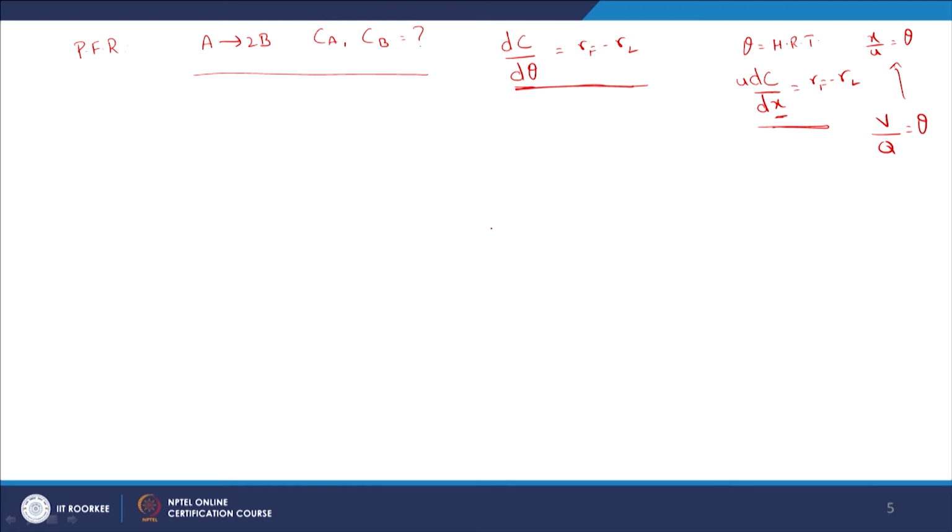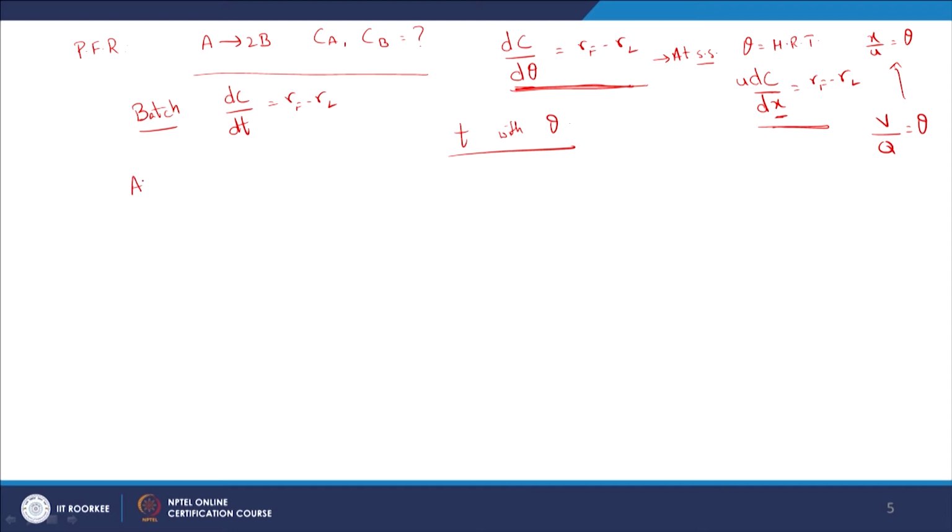We can work everything out, but as you see, the only difference from the batch reactor equation, dC by dt equal to rate of formation minus rate of loss, is that for the plug flow reactor you just replace t with theta, and this is obviously at steady state. That is one thing you need to keep in mind.